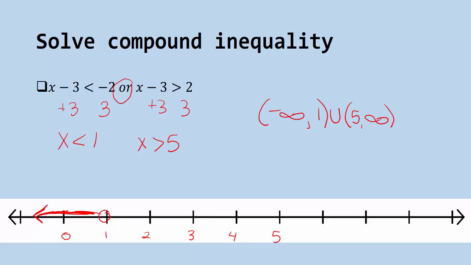And I'll use my arrow to signify it goes forever. The second interval on the right starts at 5. Again, open circle on 5, and it's greater than 5, so I'm going to go off to the right. So that is an inequality that has separate intervals.